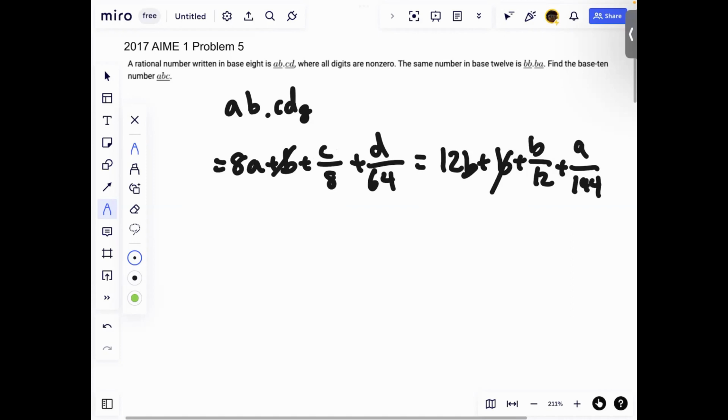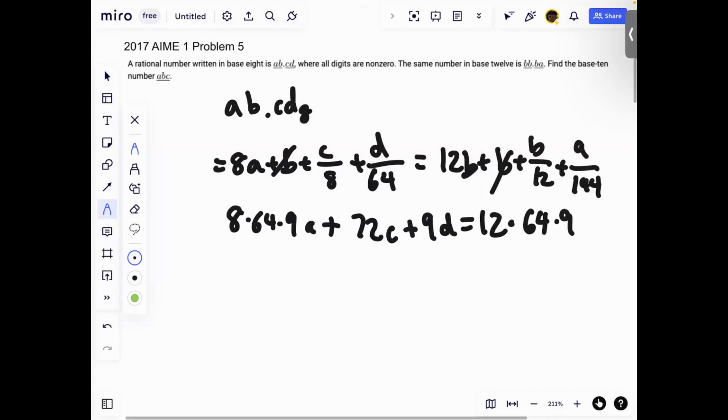So we have 8 times 64 times 9A plus 72C plus 9D is equal to 12 times 64 times 9 times B plus 64B plus 48B plus 4A.